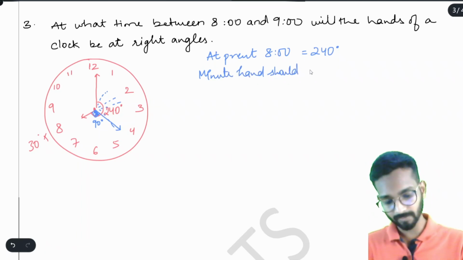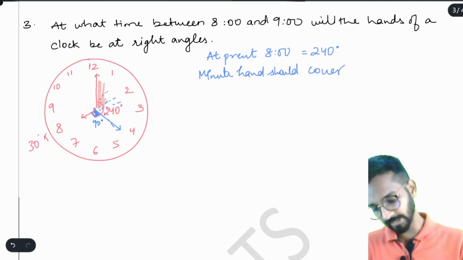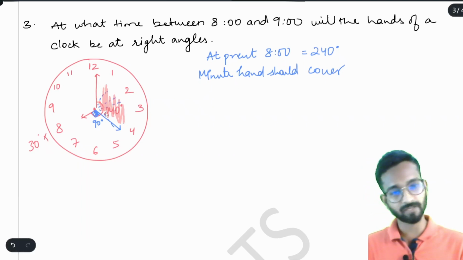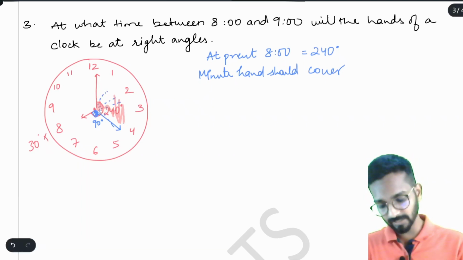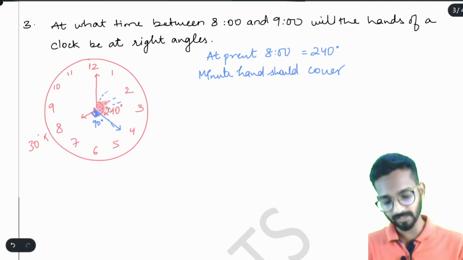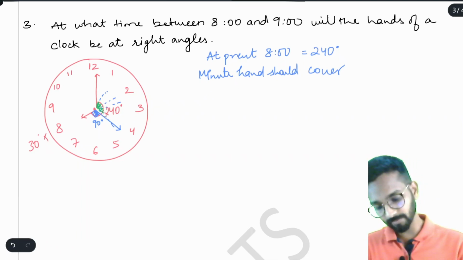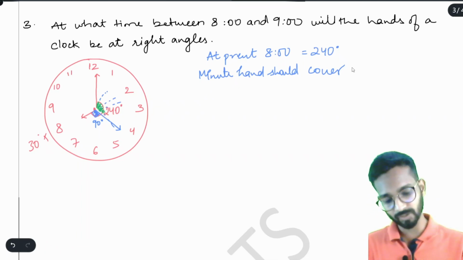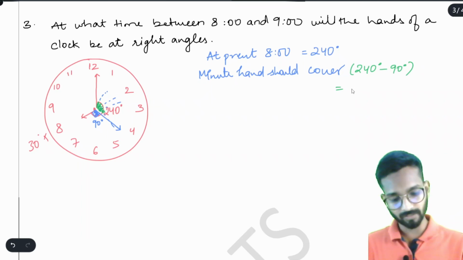The minute hand should cover this entire area, this particular angle. So the minute hand should cover 240 degrees minus our target of 90 degrees, so it has to cover 150 degrees.